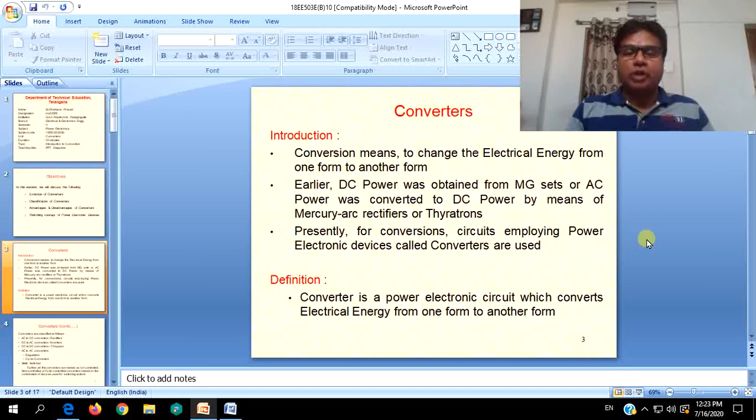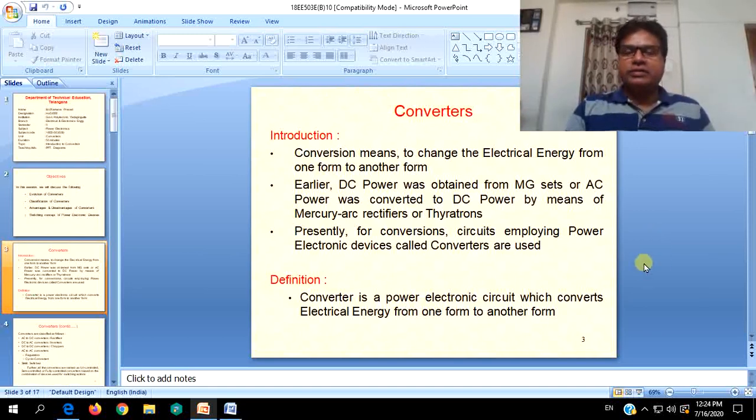It is due to the commutator. So the commutator is a sort of converting equipment. The conversion is from AC to DC, and strictly speaking, the output of a DC generator is UDC, unidirectional current. It is not perfect or constant DC, but the conversion is taking place there.